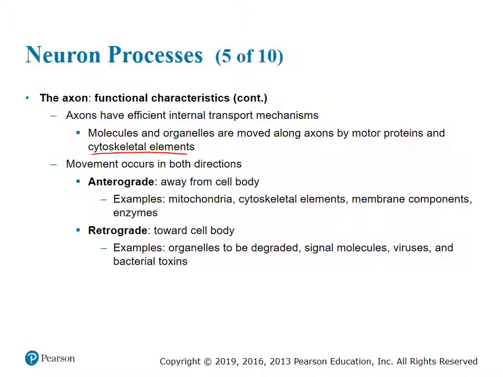So there is movement occurring from the axon to the cell body and the dendrites, or from the dendrites to the cell body to the axon. We use these two words to describe moving away from the cell body or towards the cell body: anterograde versus retrograde movement.